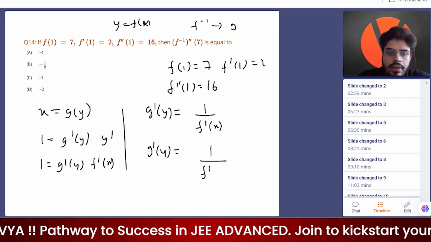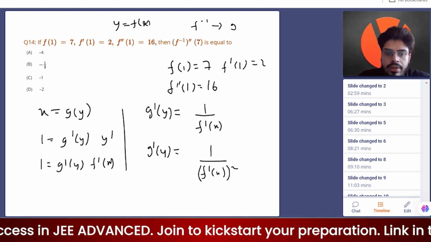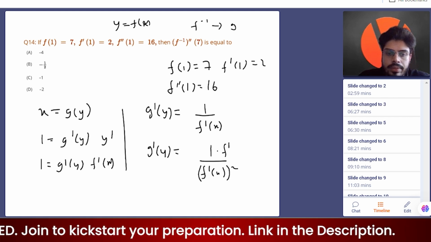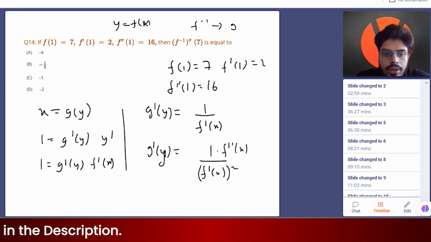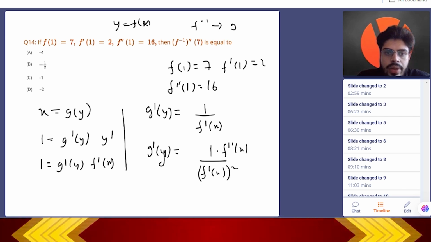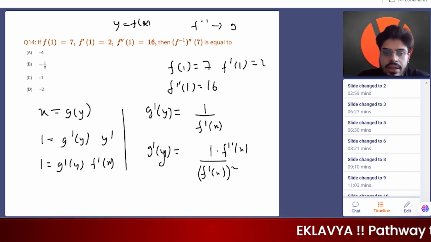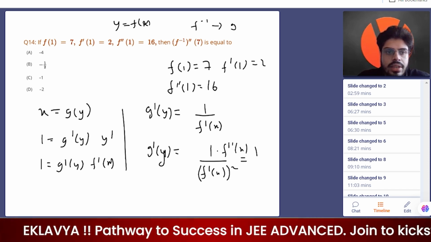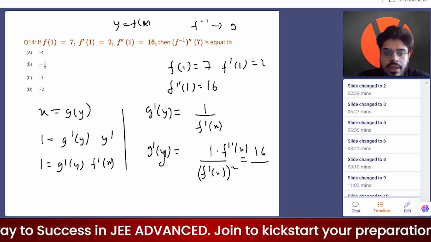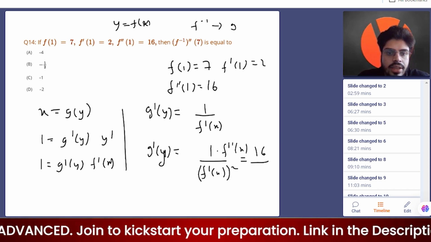Now if I differentiate this, I'll get minus f double dash x upon f dash x whole square. So g dash 7 I have to find. For y equal to 7, x is 1. So this is f double dash 1 upon f dash 1 whole square. So f double dash 1 is 16 and f dash 1 is 2.